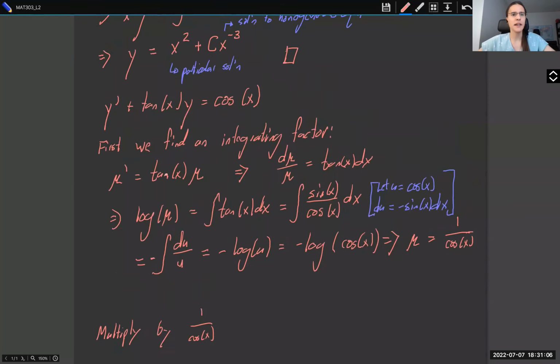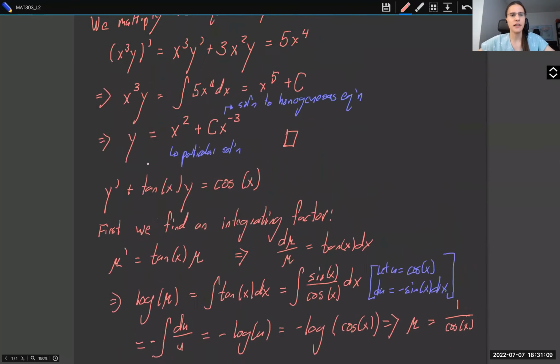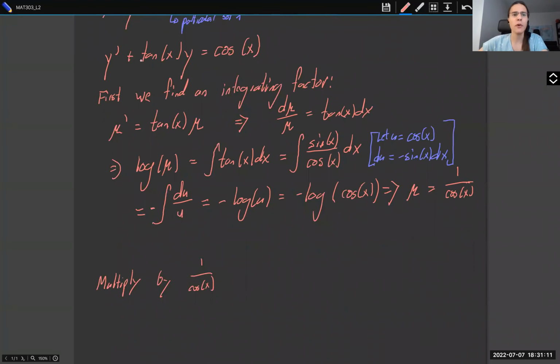And so when we do that, let's look at what the original equation was. It was this. I'm going to write tan as sine over cos. I actually know that it's going to factor as the integrating factor times y, taking the derivative of that. So y over cos x, prime, equals, and then I write this equation multiplied by 1 over cos x.